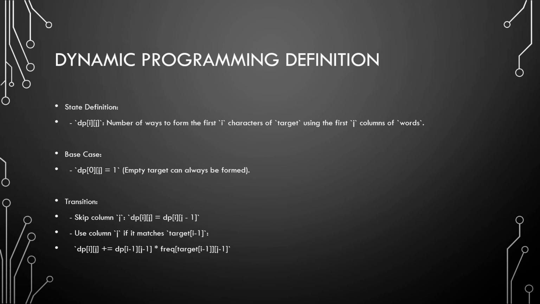The transitions are as follows. If we skip a column, we simply carry over the previous result. If we use the current column because it matches the target character, we update the count accordingly, multiplying by the frequency of that character at the current position.